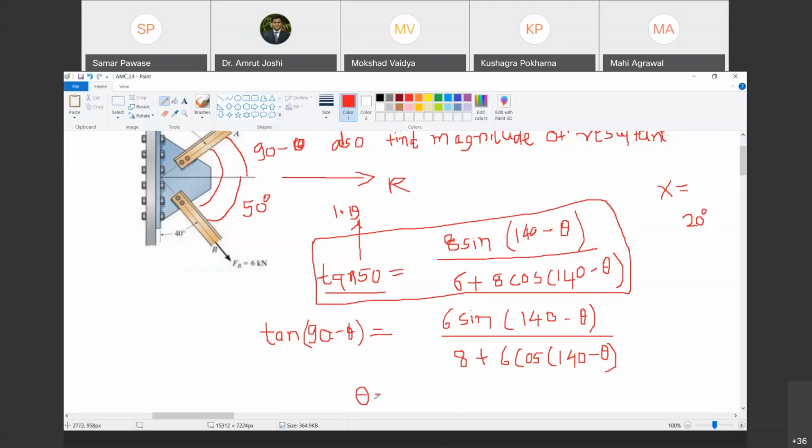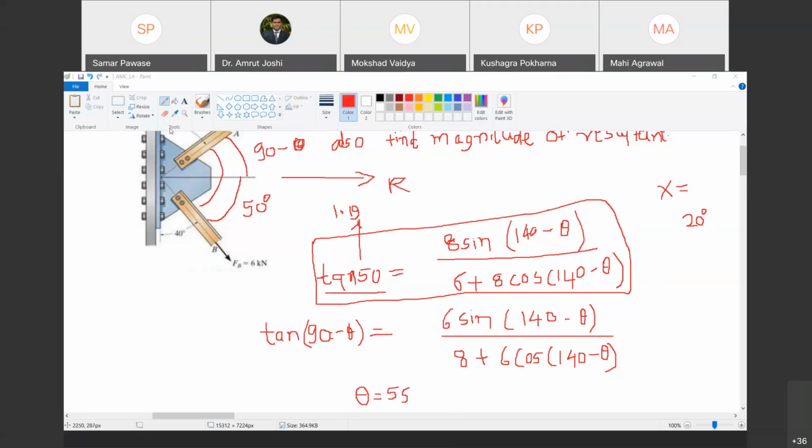Theta equal to 55 point... कितना आया था रे theta? दूसरे मेथड से किया था रिजोल्यूशन के. वो आंसर क्या आया था? अरे किसने किया था? 4.93 आया था.